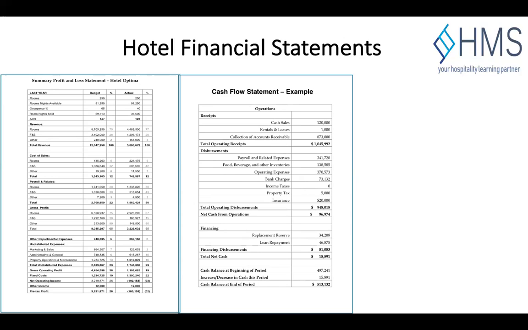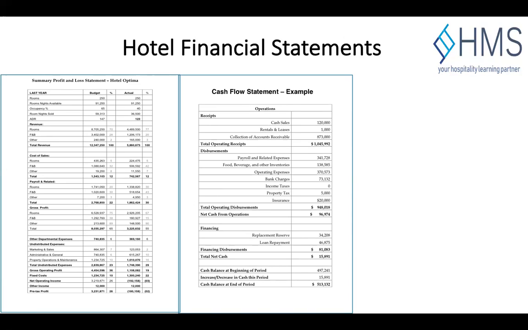Here we can see the receipts, we can see the disbursements or the expenses, then total operating disbursements. Net cash flow from operating activities is the total operating receipts minus total operating disbursements. We get net cash flow from operations, then cash flow from financing activities, reserves or loans.